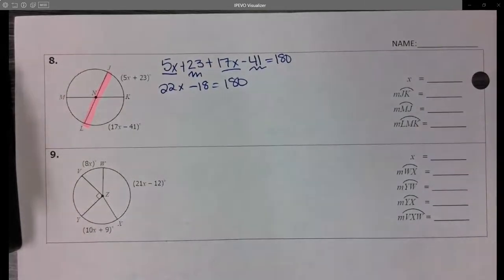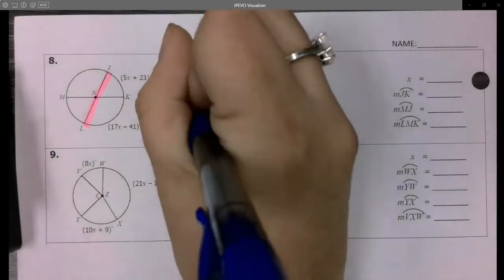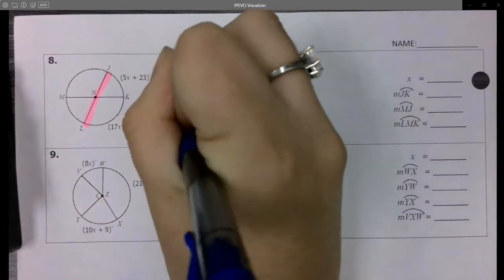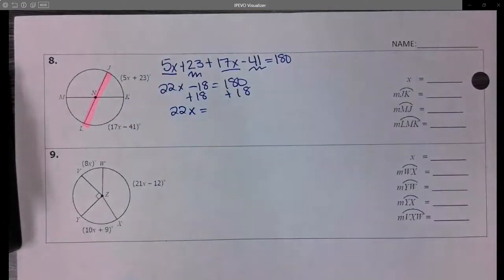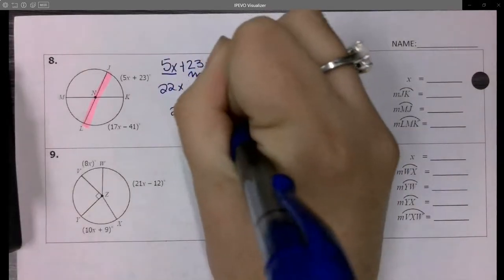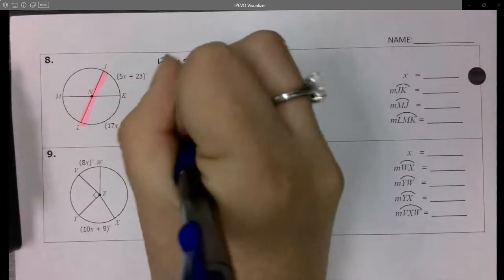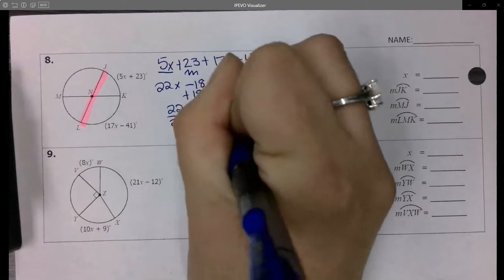Then I want to go ahead and add 18 to both sides. So I get 22x equals, what's 18 plus 180? 198. Then I want to go ahead and divide both sides by 22.